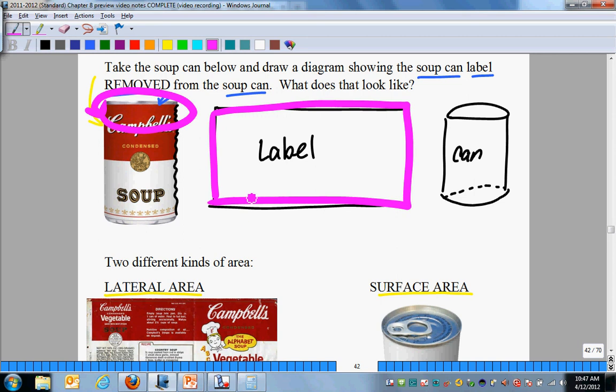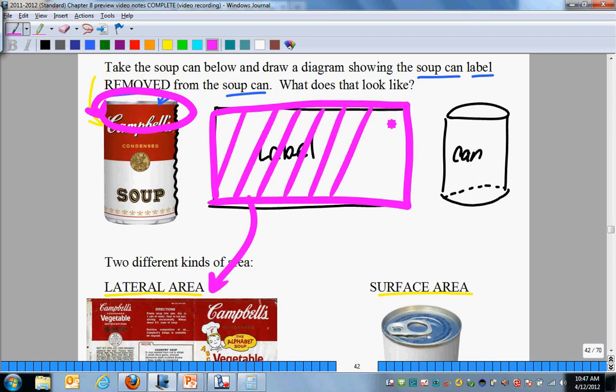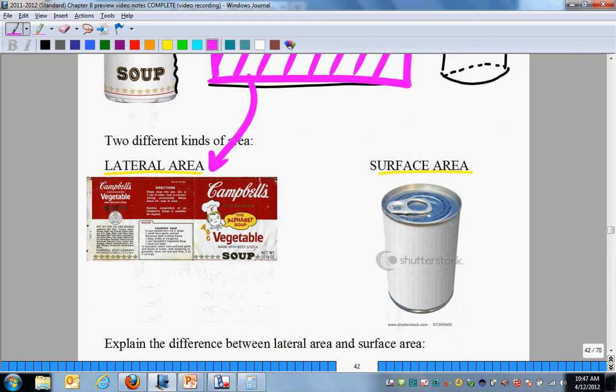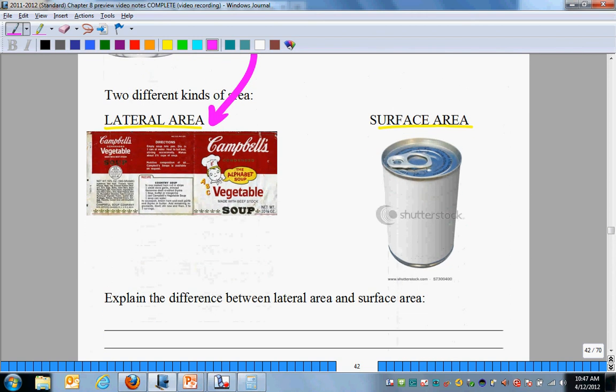The technical name for that is lateral. It's the area around the lateral, which means the sides of the cylinder, lateral area. And then the surface area is the total aluminum can. So the lateral area would just be the label around the can.